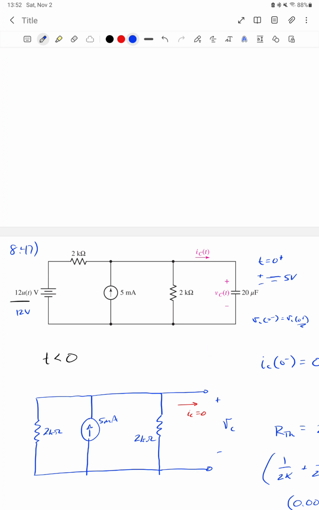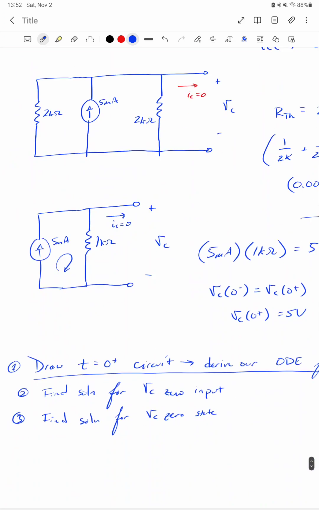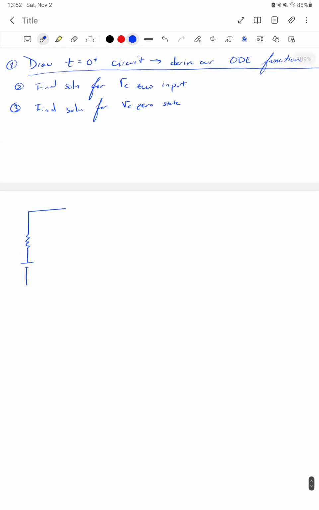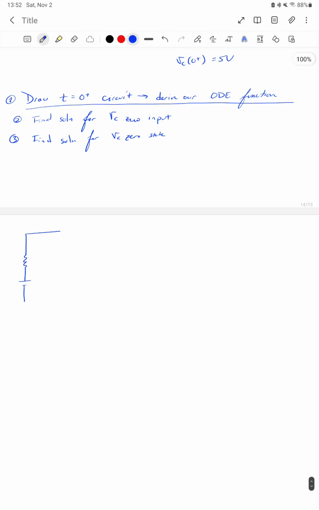It's a natural exponent. So we're going to redraw this circuit now, and we know that we had that resistor, and then we have this voltage source. So that's going to be 12 volts. This is still 2 kilo ohms. This current source did not go away, 5 milliamps.